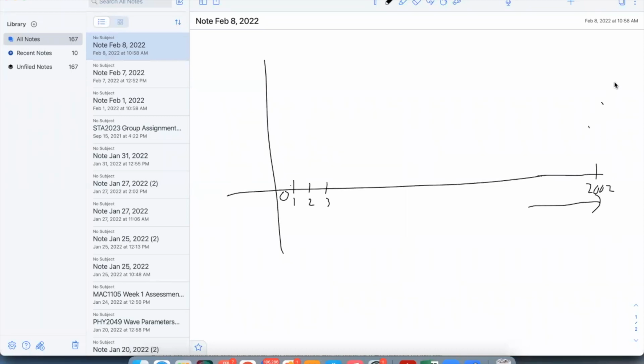And all my points would be over here somewhere. Now, sometimes you'll see people do this little broken axis thing. Even your book does this sometimes. They'll do a broken axis where this is meant to represent a big old chunk of missing stuff. So here was 0, and then all of a sudden here's 2002, 2003, and so forth.